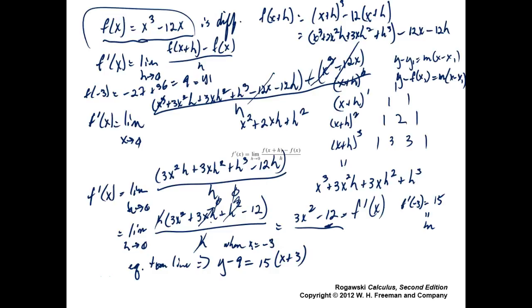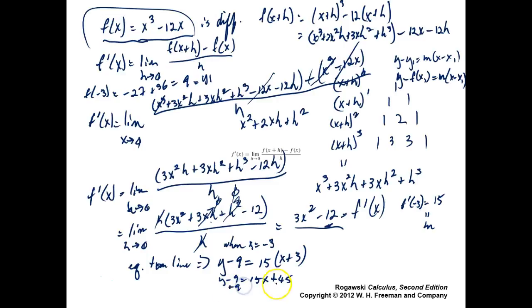Okay, we can clean that up just a little bit. How? Y minus 9 is equal to 15x plus what? Oh boy, okay. 45, okay. And then what?